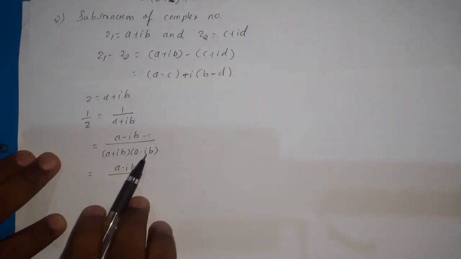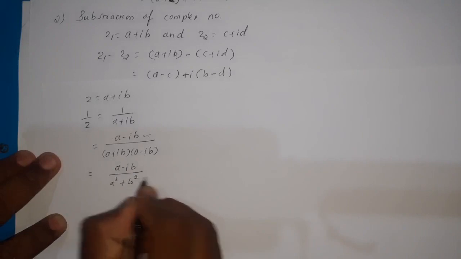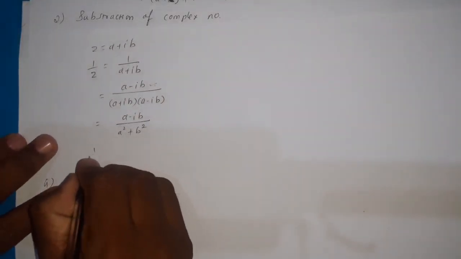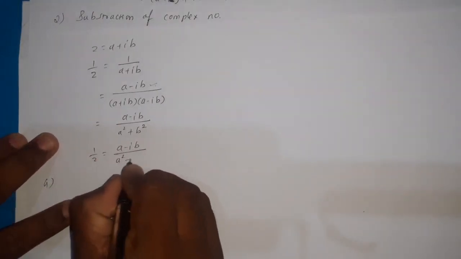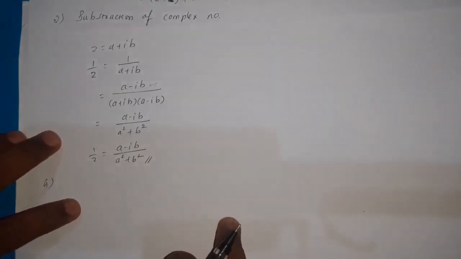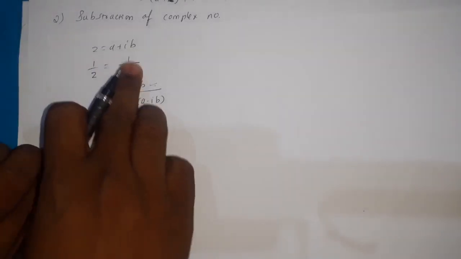The product of these two factors is nothing but a square plus b square, by using the identity that (a plus b) into (a minus b) is equal to a square minus b square. So therefore that is equal to a square plus b square. Hence 1 by z is equal to a minus ib divided by a square plus b square, which is the multiplicative inverse of z equal to a plus ib.